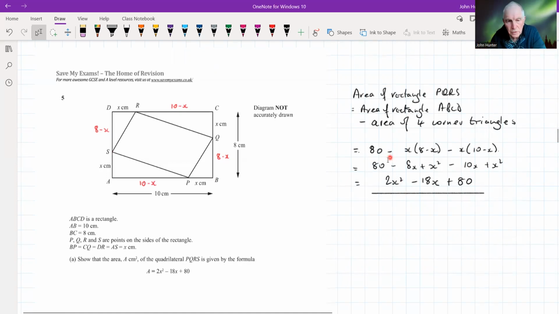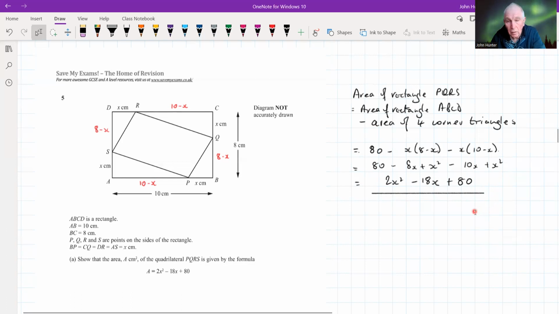So that's going to give us a total area of 80, that's the big rectangle, minus this rectangle that we put together as a result of that and that, which is x wide and 8 minus x in the other direction. And this second rectangle made by those two is going to be x times 10 minus x. Right, okay, so we just expand that, group like terms, and we do indeed get 2x squared minus 18x plus 80.